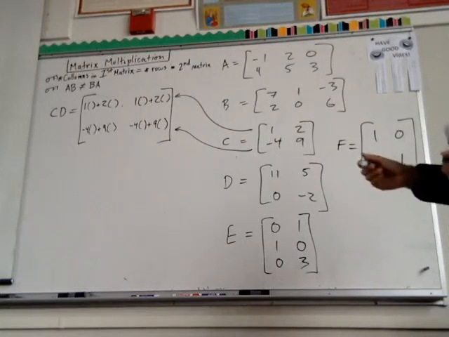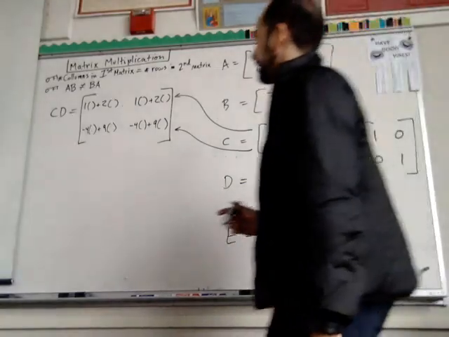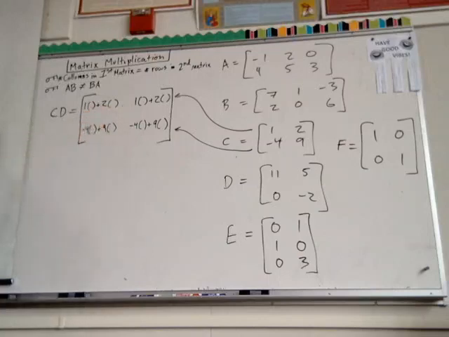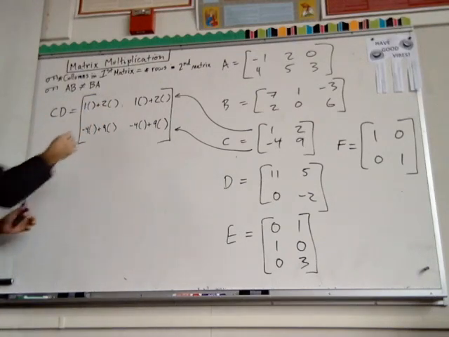All right, somebody help me out. What should I put for these entries here for CD11? So what goes in here? 11 and 0.